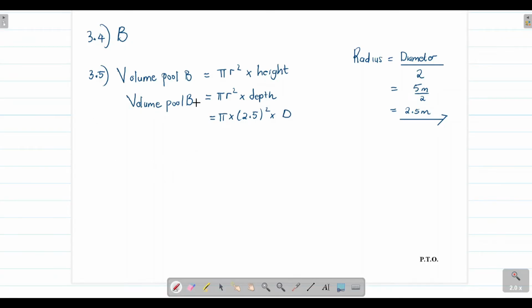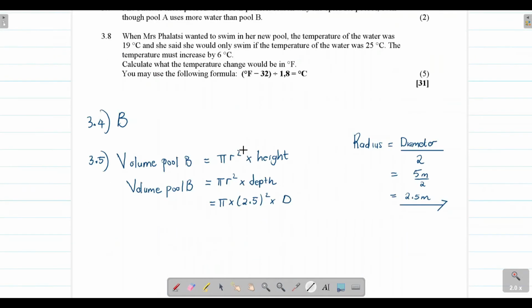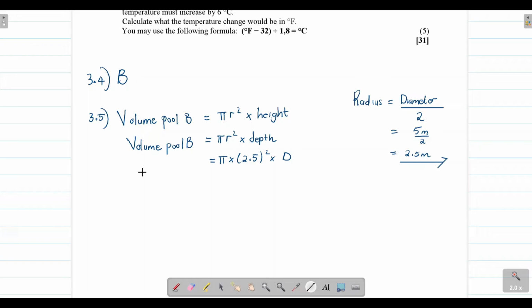And then what is the volume of pool B? They gave us what the volume is in liters. Do you see that? They said that the amount of water that pool B can hold is 65,000 liters of water. Guys, here we don't just go and substitute that 65,000 liters of water into this formula.